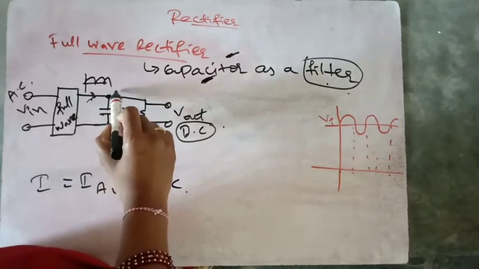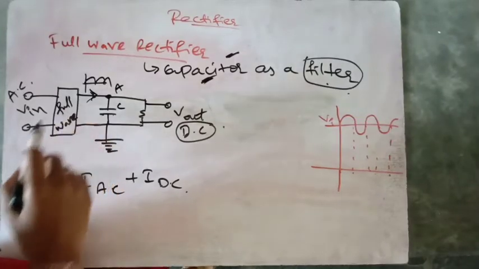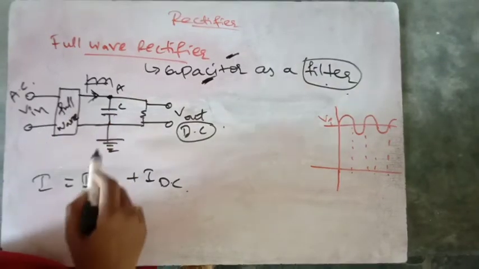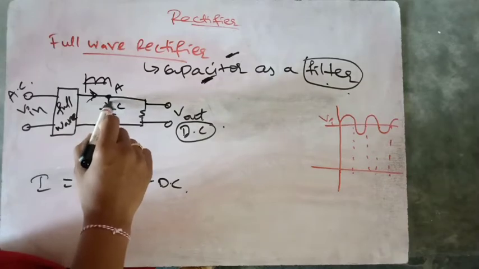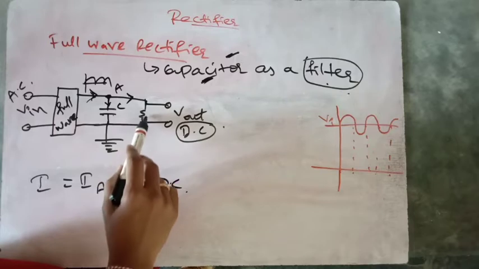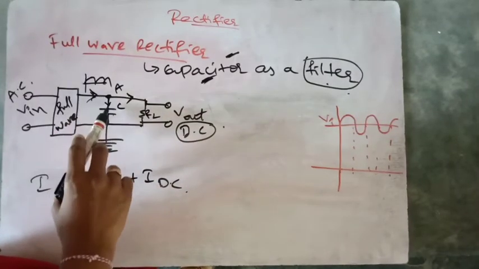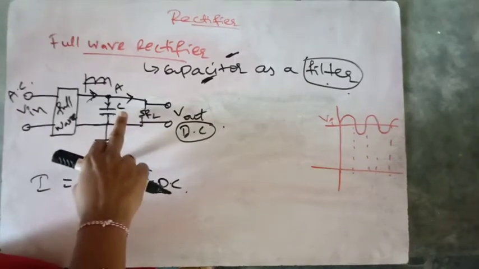This is junction A. At this junction, what happens? The current is divided: it will flow through this capacitor as well as through this load resistor RL. Whenever the current flows through this capacitor, what happens?